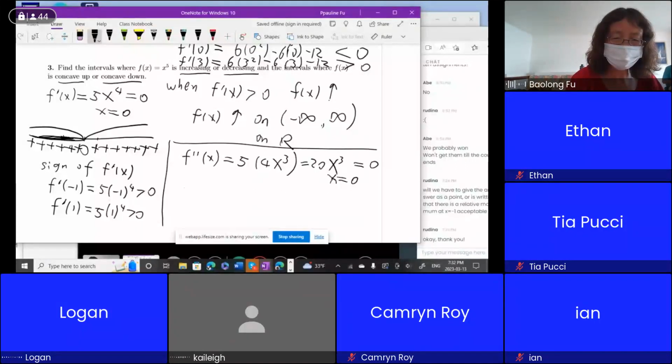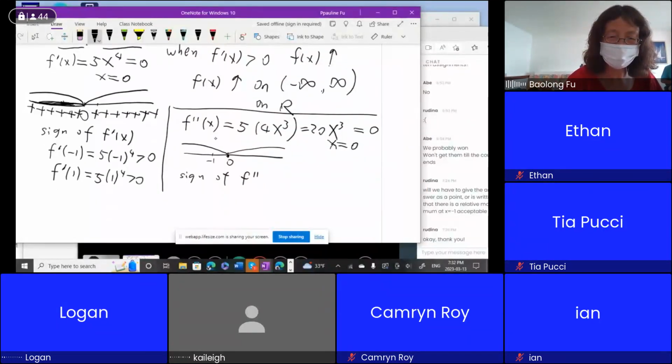So once you have this 0, again draw a straight line representing the real number line. This 0 divides the number line into 2 parts, 2 intervals. Now you determine the sign of the second derivative. Take any number in this interval, say -1.